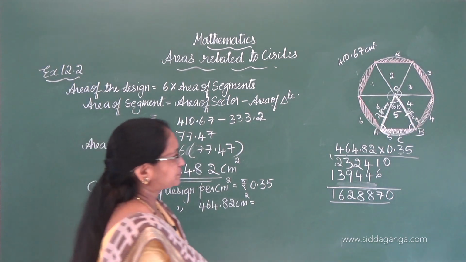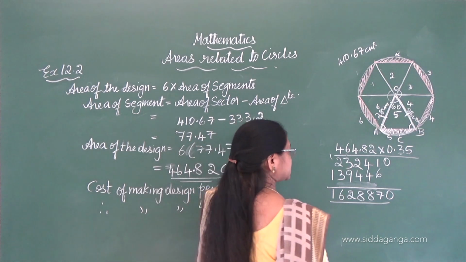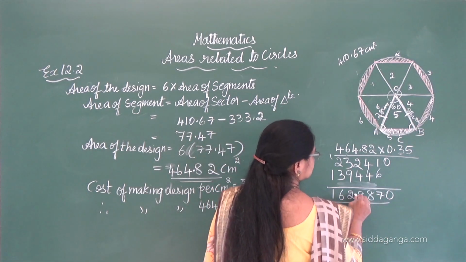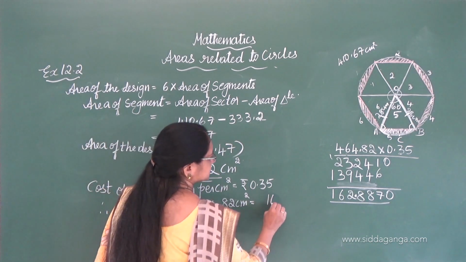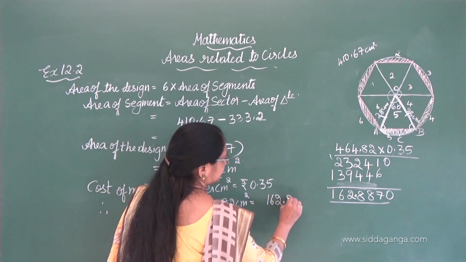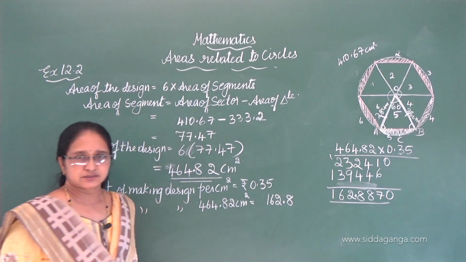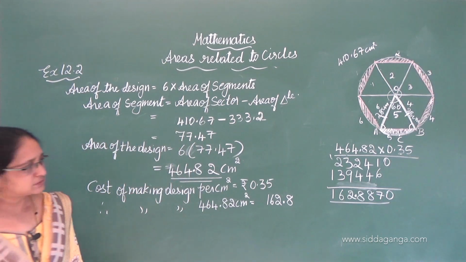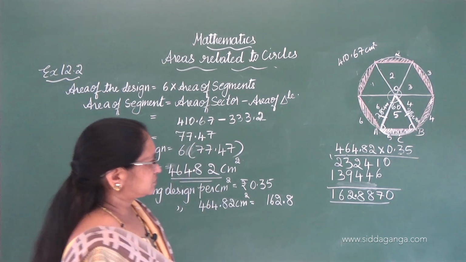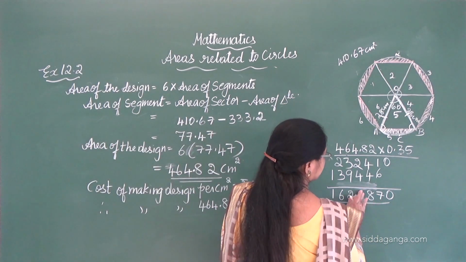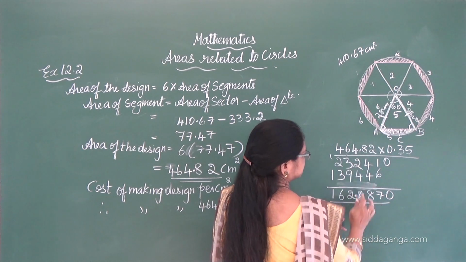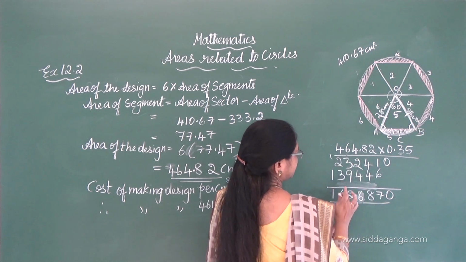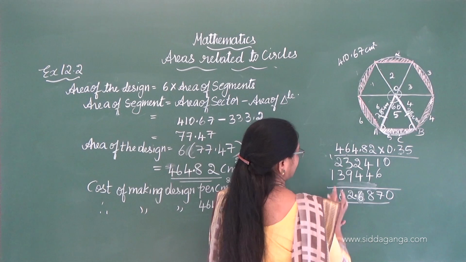Okay, now you see the decimal point is after 4 digits here. So what is the amount? 162.8. You can write this much or 2 decimals. Once again you check. I think I went wrong here.